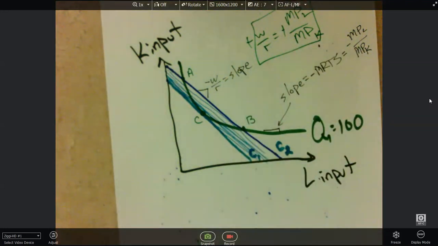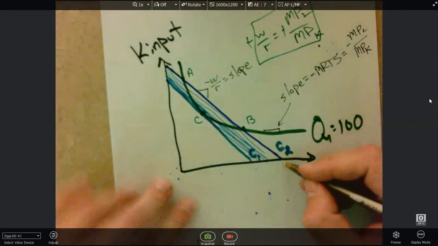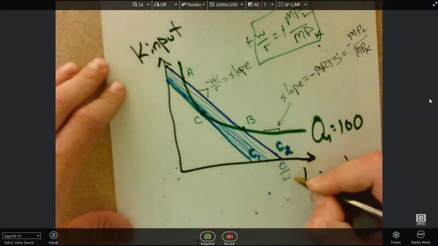It's just touching it one time. So that means they're going to get the most amount of production for the least amount of costs given the current input prices, namely the wage and the rental, right? That's what's determining my points over here.